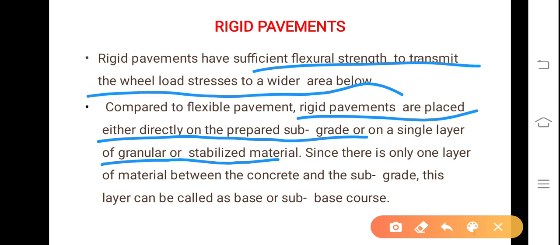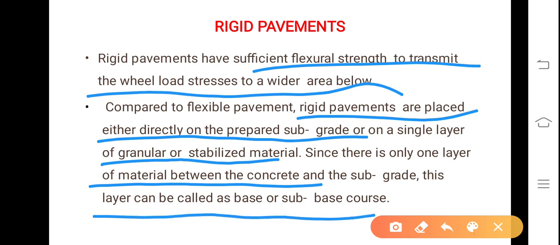Since there is only one layer of material between the concrete and the subgrade, this layer can be called the base or sub-base course. This is provided so as to enhance the life of the pavement for a longer term. Even without a base or sub-base course, cement concrete pavements can be laid directly over the prepared subgrade.